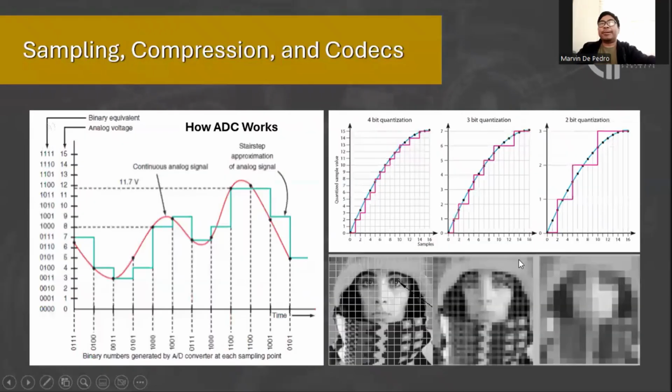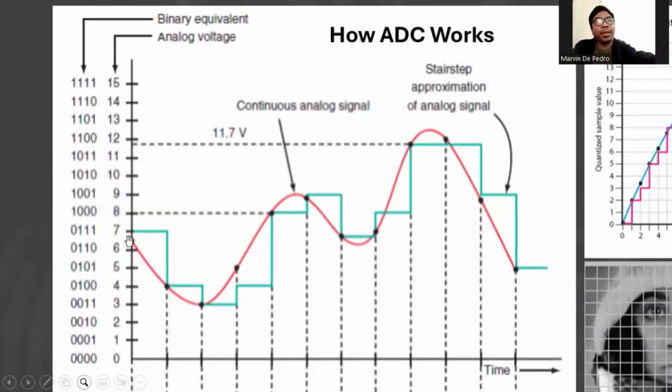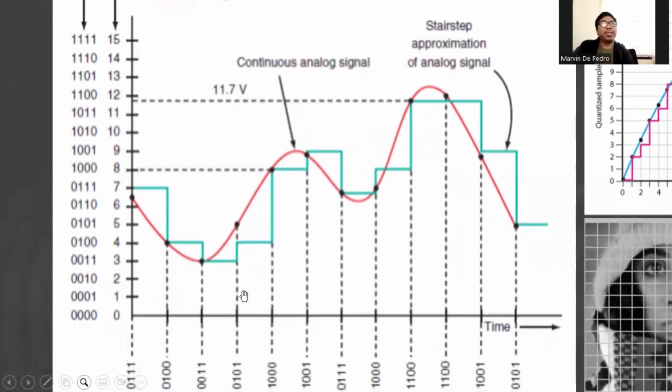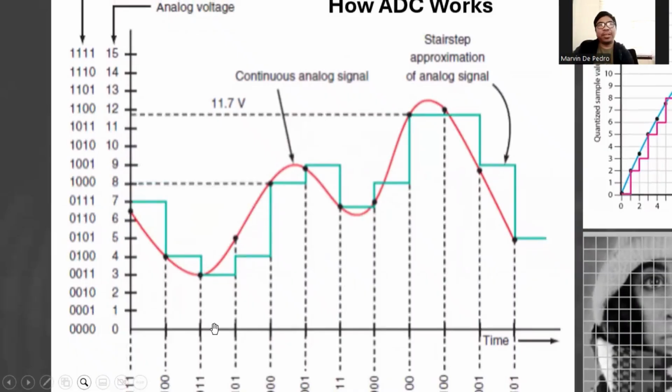Now let's try to understand more about sampling, quantizing, and encoding. For example, we have this signal. I'll try to zoom it in. This is our analog signal, the red one. When we say sampling, we are considering only finite points in time. So like this. The in-between values are disregarded. Same thing here and here. We only encode these points, depending on which level they are closer to.